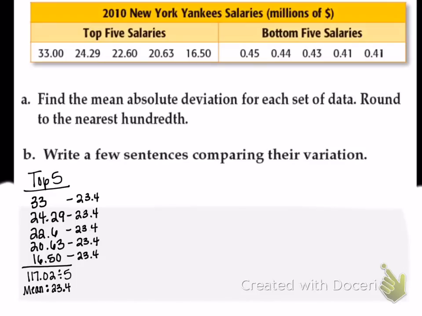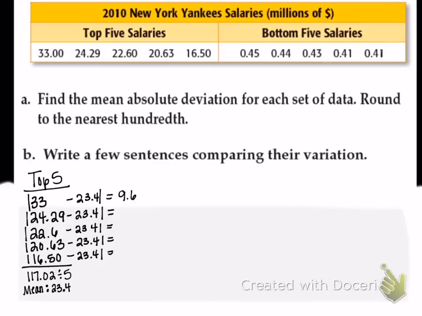We know that we're going to have to take the positive values of whatever our differences are, so we're saying that we're going to find the absolute value of each difference. Putting absolute value bars around each of these subtraction problems tells us that whatever we get as our answer, we will take the positive value. When we do 33 minus 23.4, we come up with 9.6, so our answer will be positive 9.6.